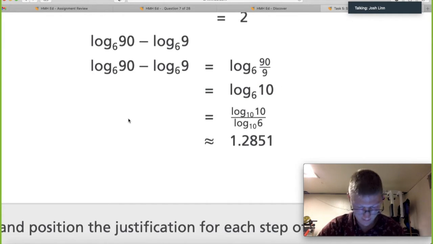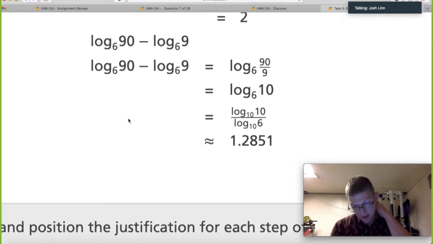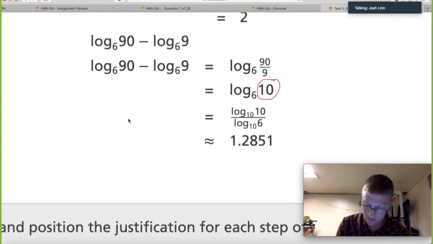In order to solve it, again, not all calculators have that log base button that we discovered the other day. So you will have to change it to something that we know or that your calculator can handle. That's either log base 10 or you can even use natural log, but it makes more sense to use log base 10 because we have a 10 there.